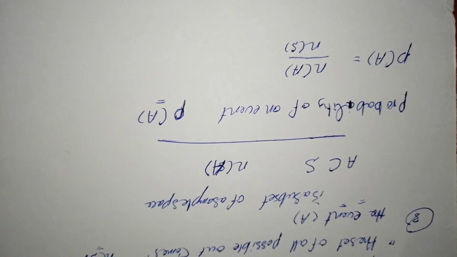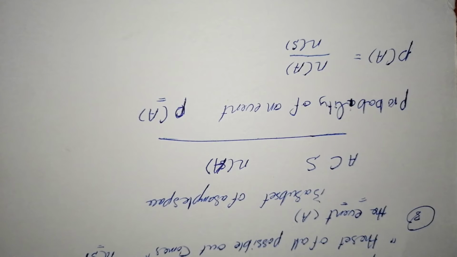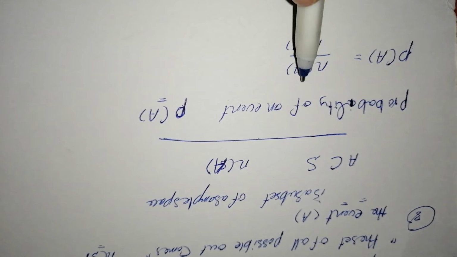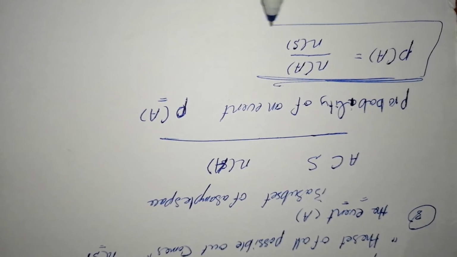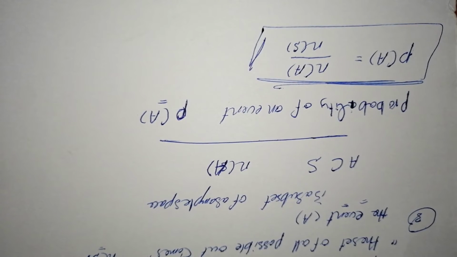In other words, the number of outcomes in the event A divided by the number of all possible outcomes in the sample space. So this is our rule for today. The probability of an event A means the number of A divided by the number of S.